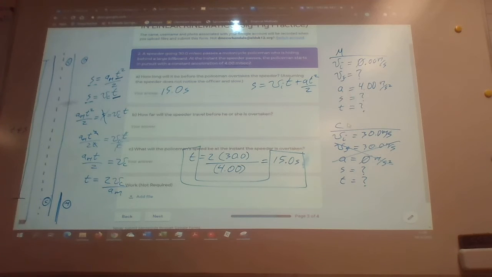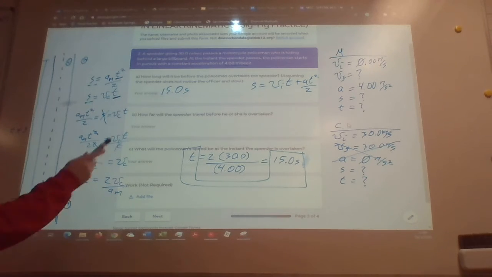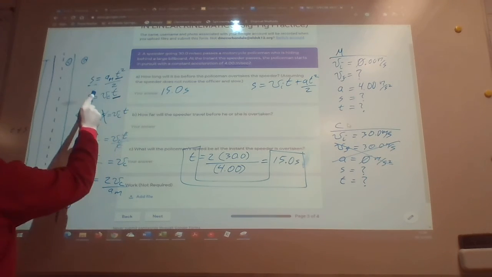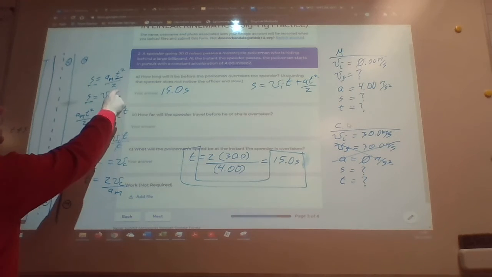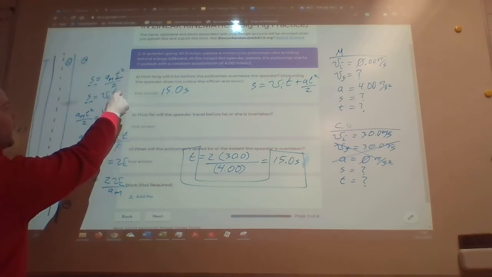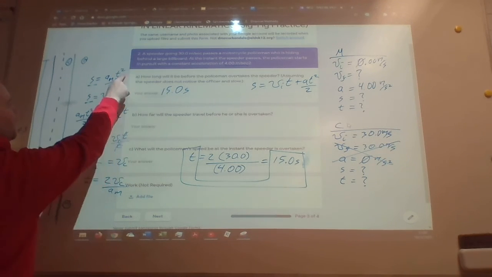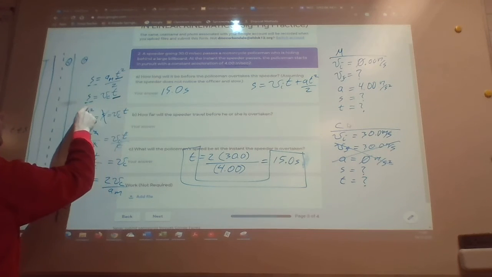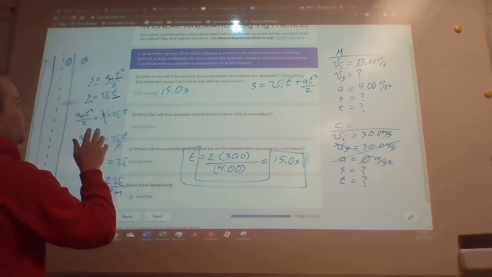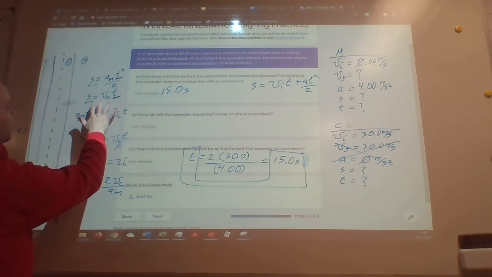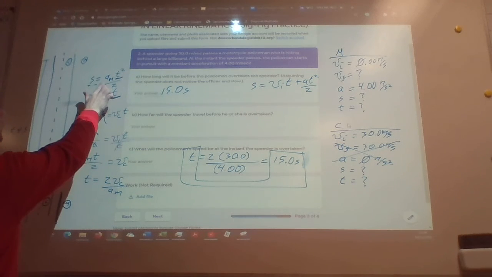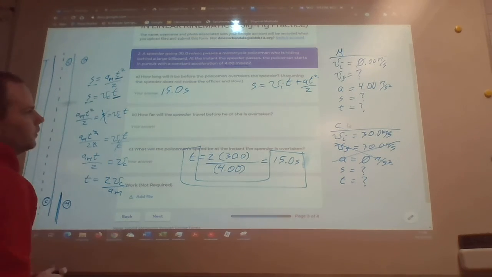How far will the speeder travel before being overtaken? Well, I'm going to switch colors here. We can come back to one of these two equations, and either one will work. Now that we know t, we can plug in 15 seconds to either of these equations to calculate s. I'm going to use this equation because it's simpler than this one.